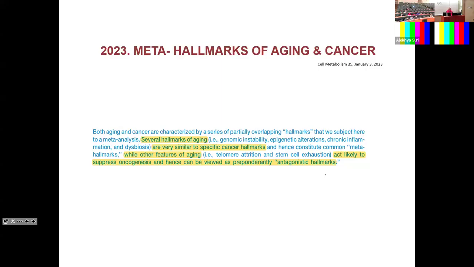This paper is very interesting because it shows how all the things that can change with age affect things in a way very similar to specific cancer hallmarks. There are some interactions and some pathways that run in the same way. So if you fix one of the pathways, it benefits aging and attacks cancer, or vice versa.